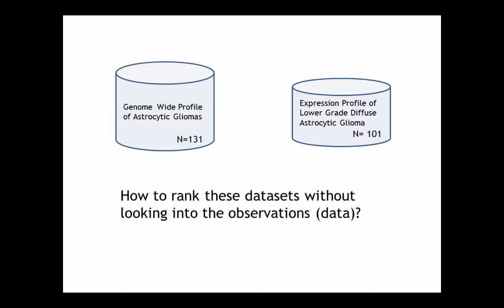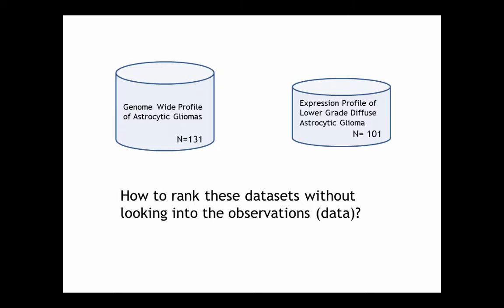Then you say, well, maybe the first one because it's bigger, but you don't really know because they have astrocytic gliomas and you don't know which ones are low grade. So let's say half are low grade, then probably the second one is better because it's already on low grade gliomas, for the things that I was looking for.